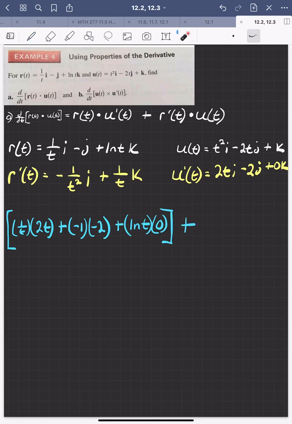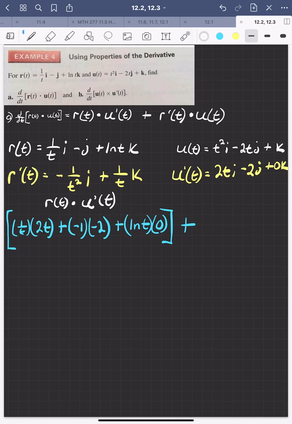Assuming there are no silly mistakes, I'll go ahead and actually write it above. That is the dot product r of t dot u prime of t. Okay, so we know that part.